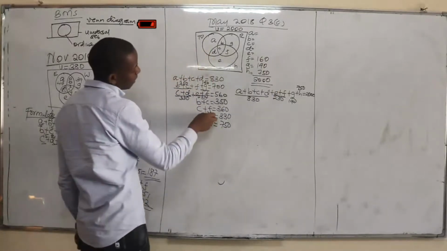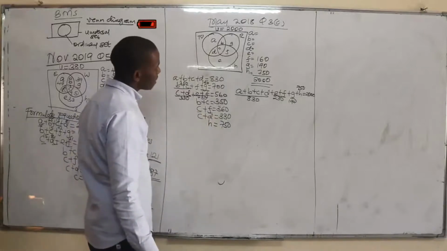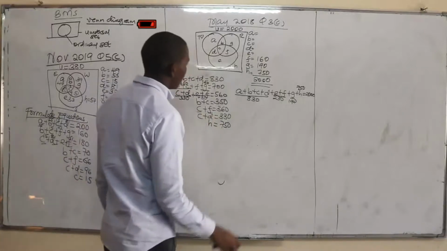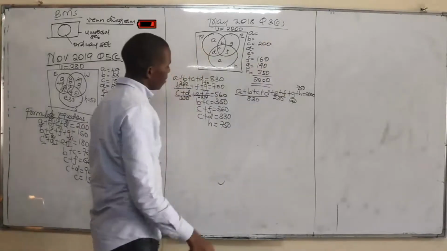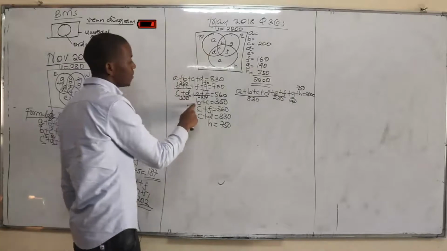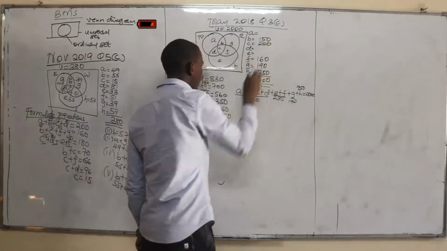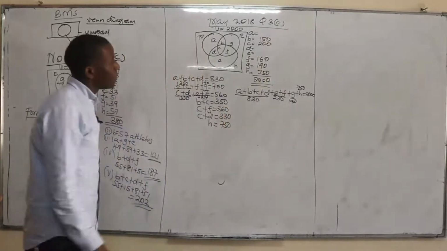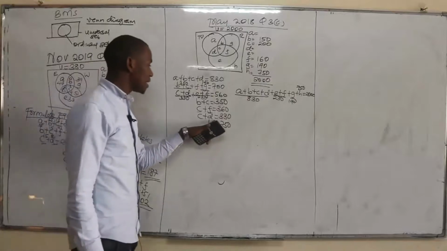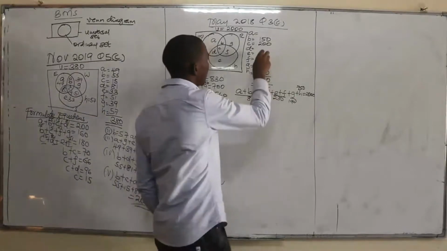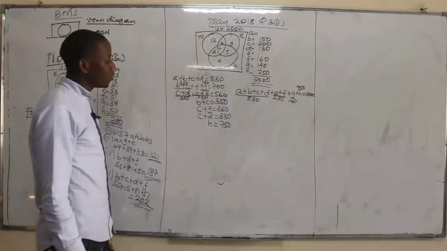We have F, so we can get C: 360 minus 160 is 200. That is C. We know C, so we can get B. B will be 350 minus 200, which is 150. We also know C, so we can get D. This will be 330 minus 200, which is 130.